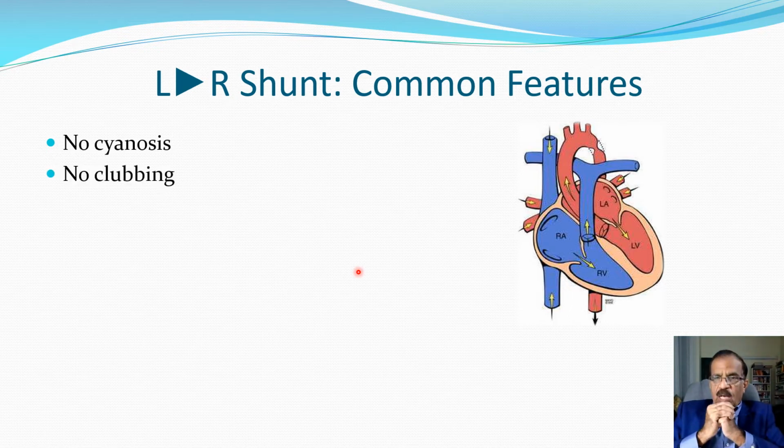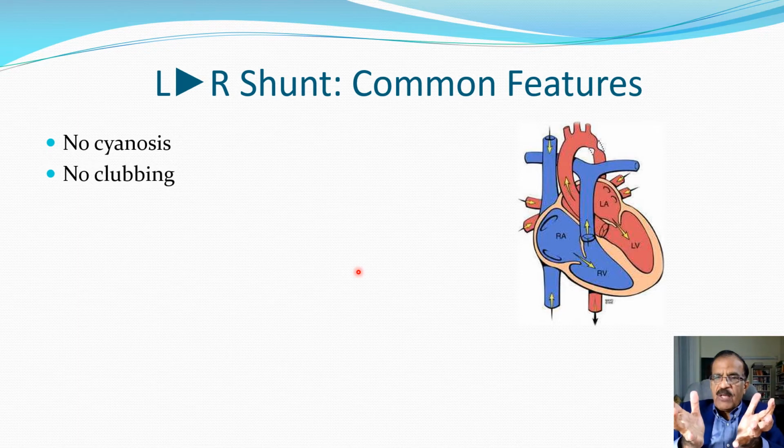Then there will be no clubbing also. Clubbing is commonly associated with some congenital heart diseases, and it is a very, very important finding. It is the chronic hypoxic state which causes clubbing, especially if this chronic hypoxic state develops when the child is growing in size.